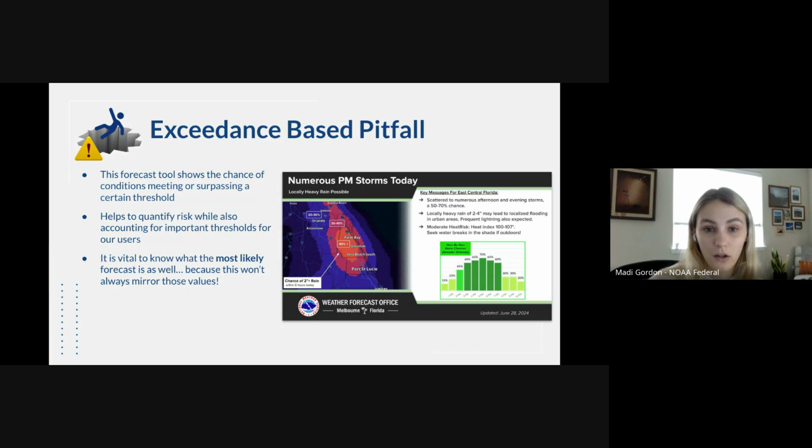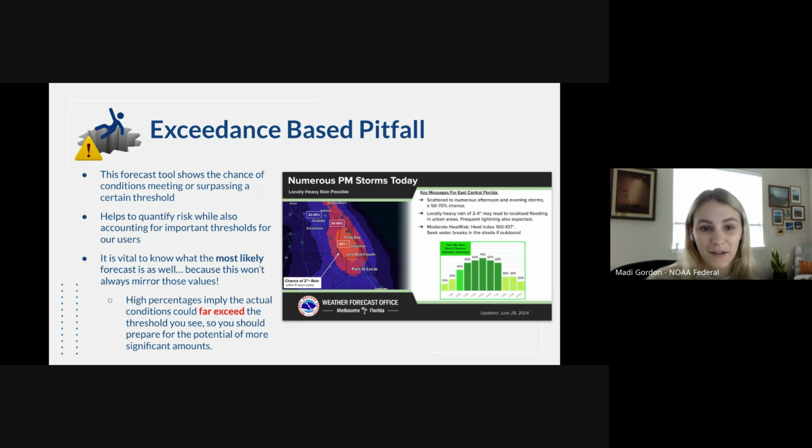Our high exceedance probabilities actually can mean, right, that the actual conditions could far exceed the threshold that is shown. So they need to be prepared for the potential of more significant amounts. We're not getting that point across when we're messaging and emphasizing the exceedance information visually over our most likely forecast information.